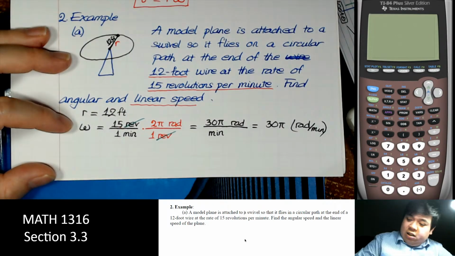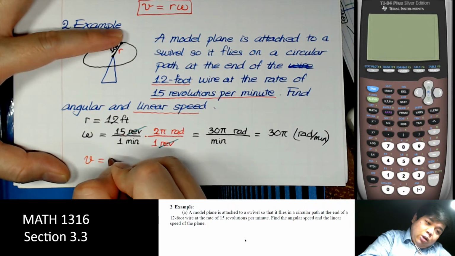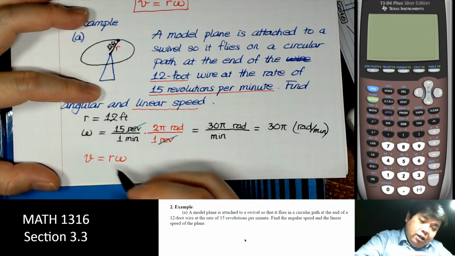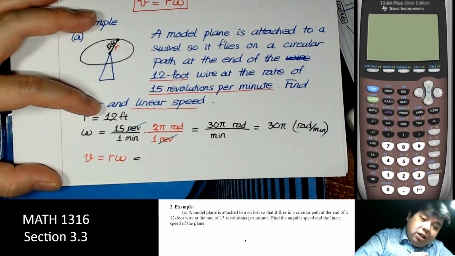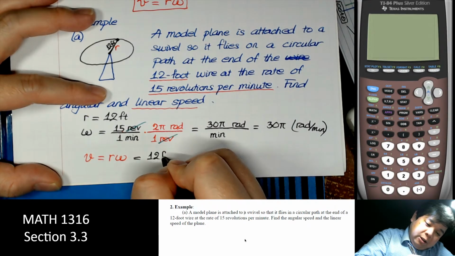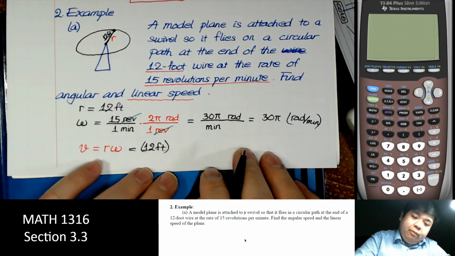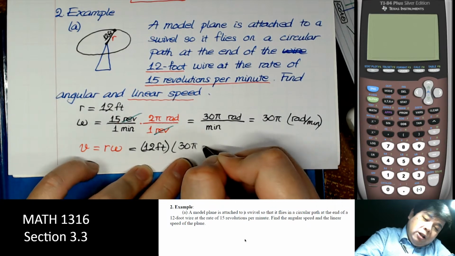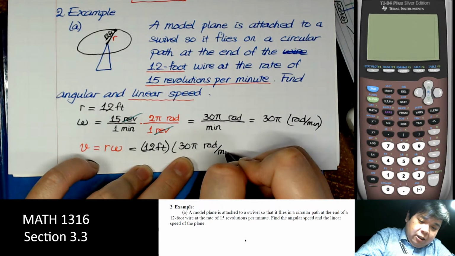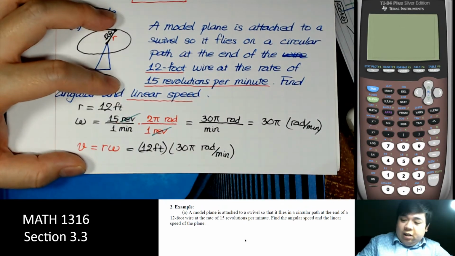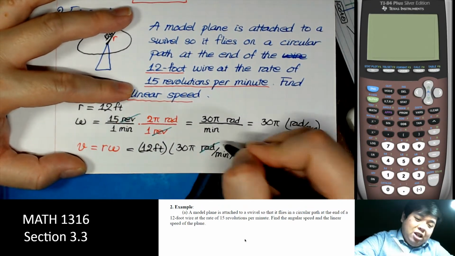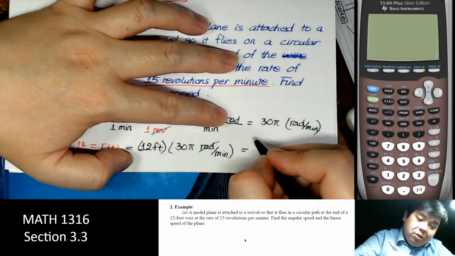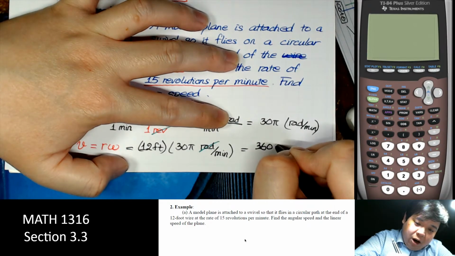The linear speed, v is equal to r times omega. The radius is 12 feet. Angular speed, 30 pi radians per minute. Radian is a nice unit. We can just take it out whenever we want. So we have 12 times 30 pi. 12 times 30 is 360 pi.